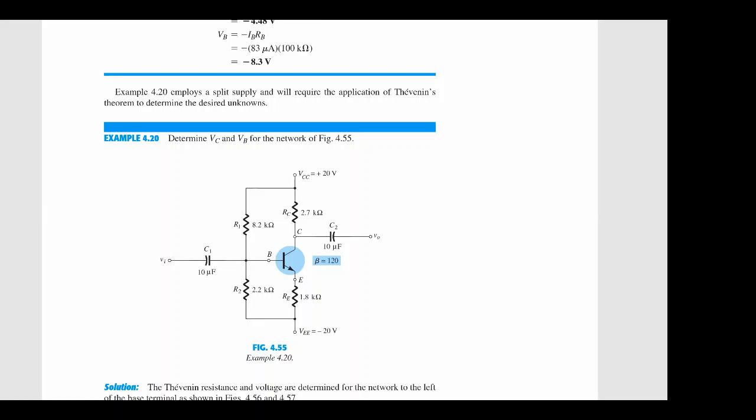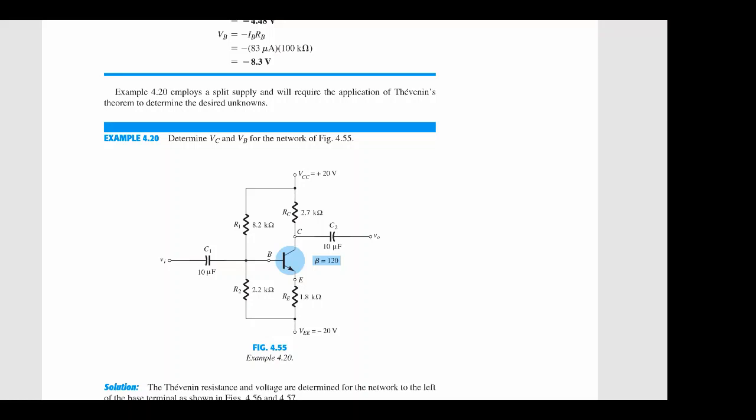There is one which is VCC, and then there is another one, VEE, right? Can you see it? Yes, sir.